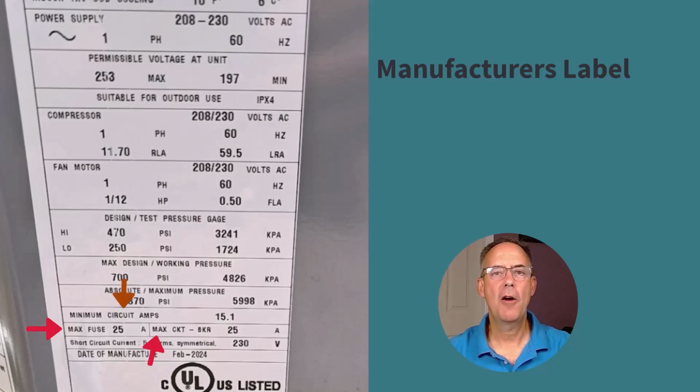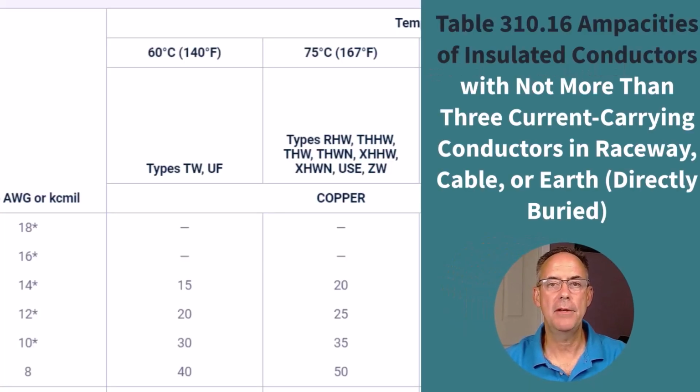After we get our minimum circuit ampacity from the tag, we're going to go over to our ampacity table 310.16, and we're going to determine what size conductor we need for that ampacity. We're going to assume 75C, that our connection points, our lugs, are 75C rated, and that the wire type we're using is rated for 75C. If your wire type is not rated for that, then you're going to have to go to the 60C column, but we're going to assume 75C.